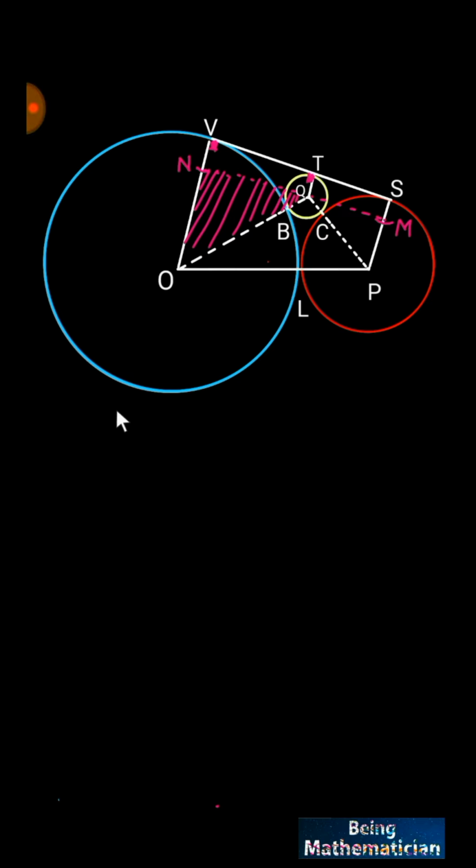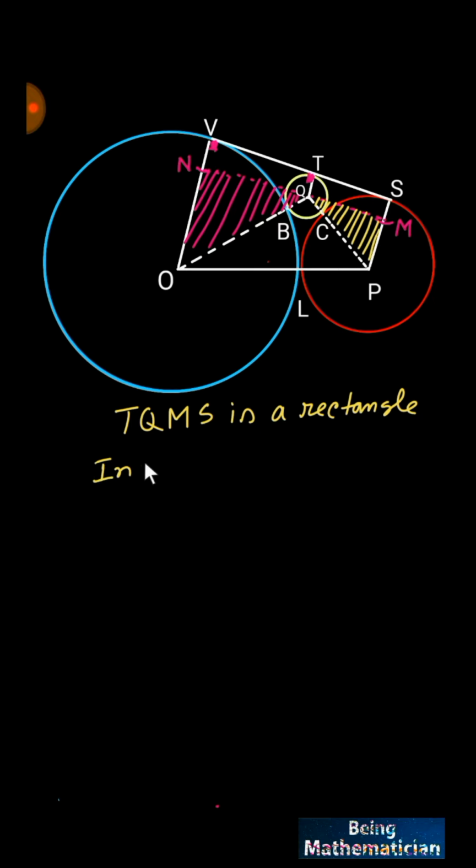So by the same concept we can say TQMS is a rectangle. So consider this triangle QMP. So in triangle QMP, angle QMP is 90 degree.